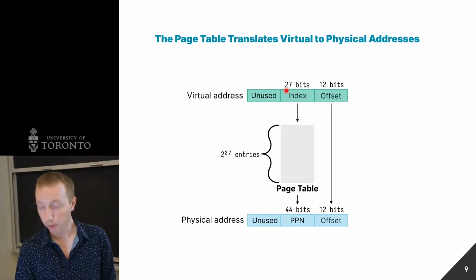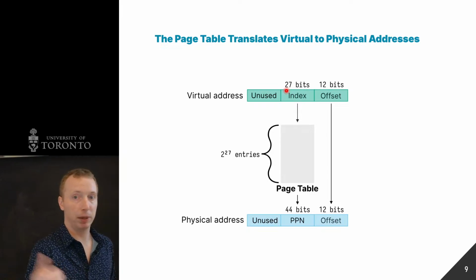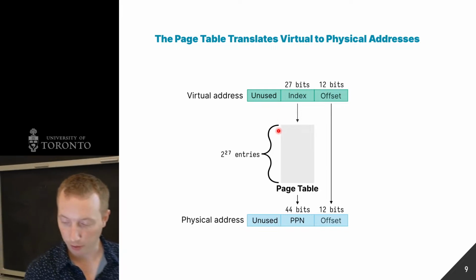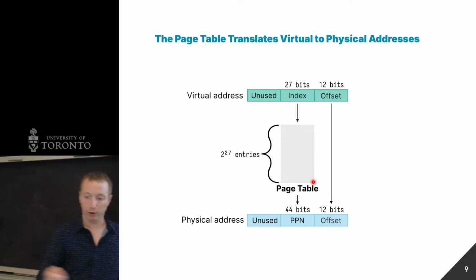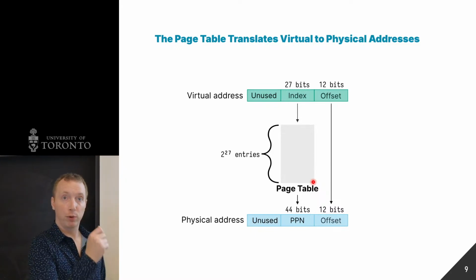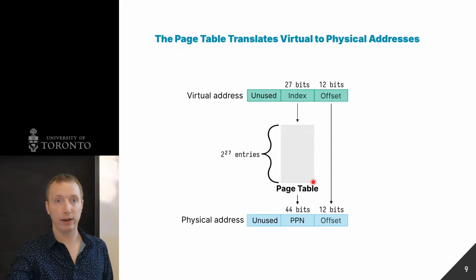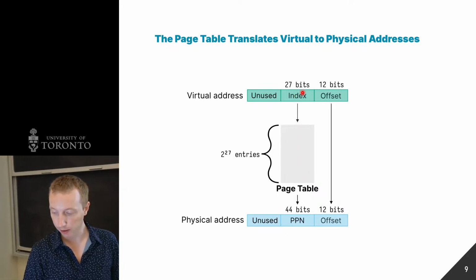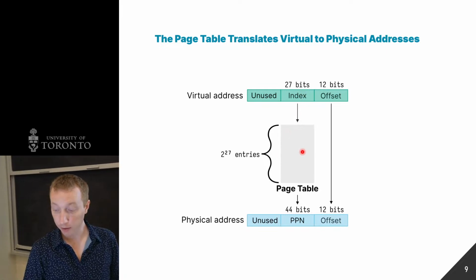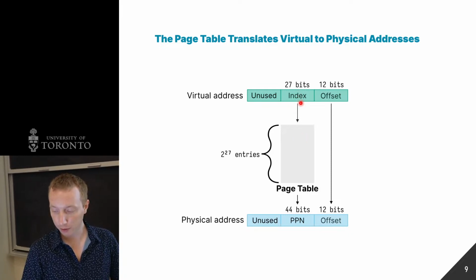Since we have 27 bits, we can support up to 2 to the 27 different virtual pages. So our page table is going to keep track of the mapping. For each virtual page, it tells us what physical page we should actually access to look up that information. That is what the page table is. So there's an entry for every single virtual page, and whenever we translate an address, we know what index to access based off this information in the virtual address.